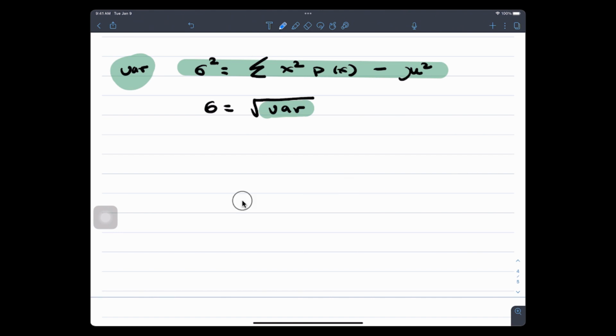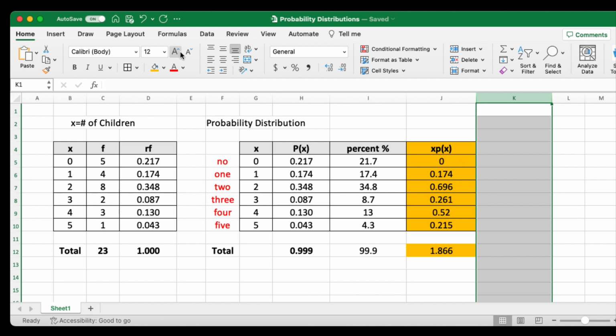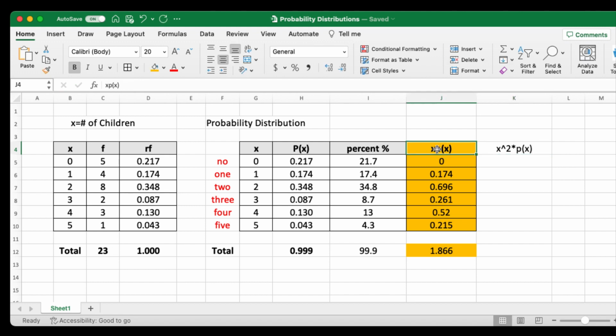So earlier today, let me get this out of the way. Let's go to Excel. So now let's make sure it's on all the same parameters. 20 in the center there. I'm going to put here now X raised to the second power times that probability here, P of X. And maybe over here I should have put that times as well, just so it's clear. Asterisk means times. And here we go.